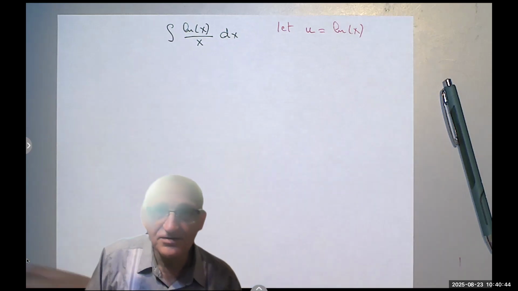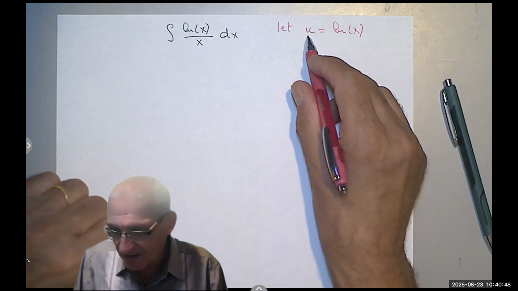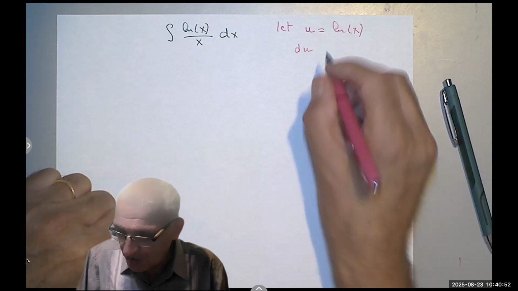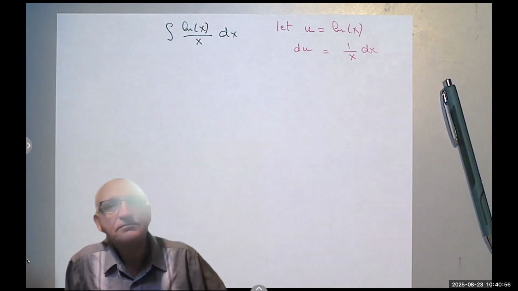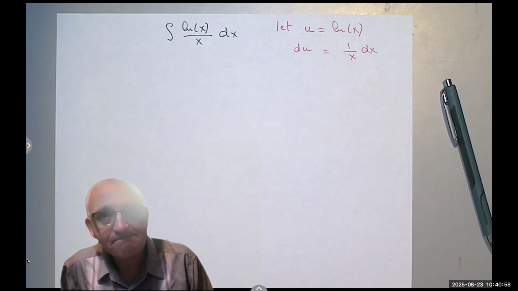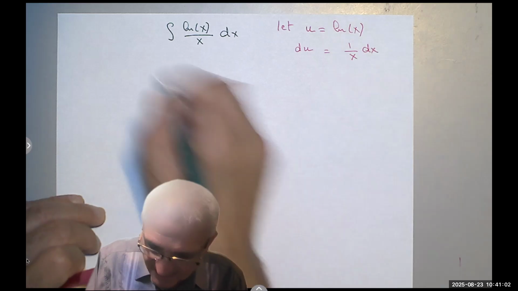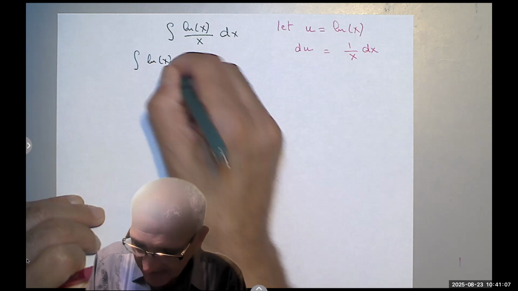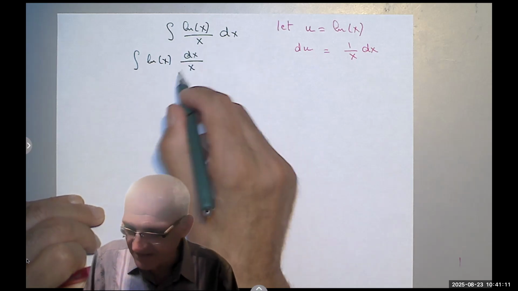And then take the derivative of both sides. I say then du, the change in u, would be 1 over x dx. Okay? Now, do you see that this can be written as the natural log of x times dx over x, or times 1 over x dx?